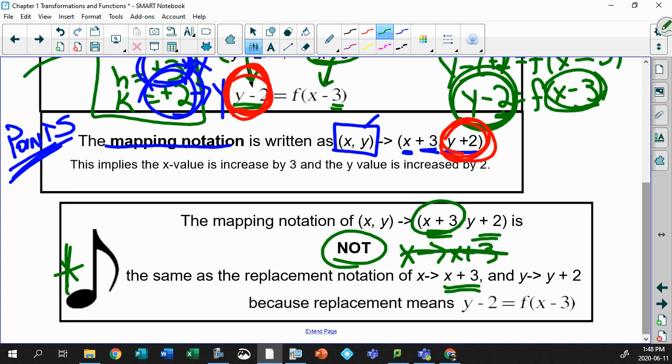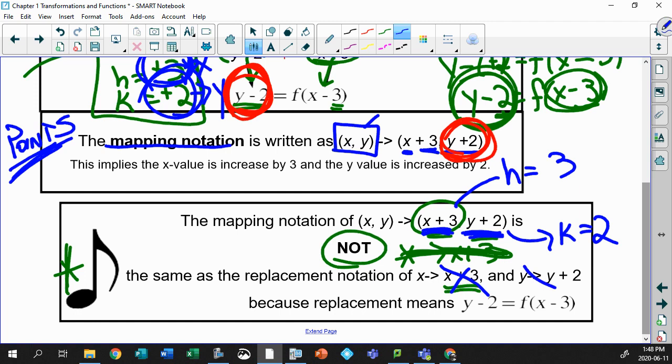No, don't. What you should do is say, okay, this is the x value. That's got to be the h, which equals 3. This is the y value, which means that this is the k, which is equal to 2. This is wrong. You do not take the replacement value.